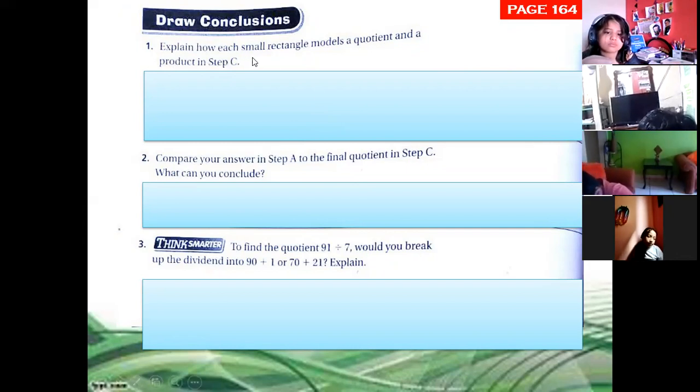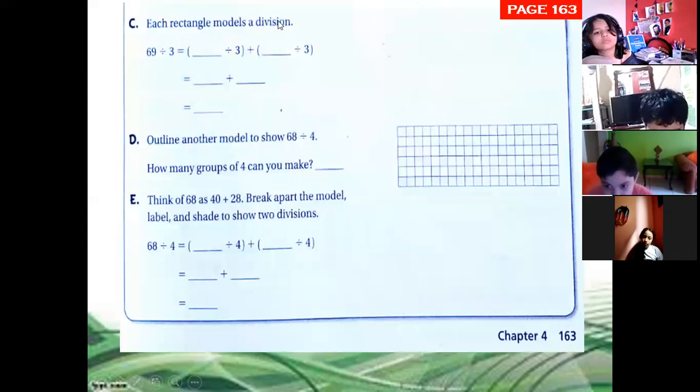64. Explain how each small rectangle models a quotient and a product in step C. In this step C, okay?